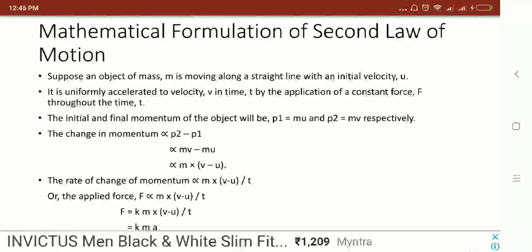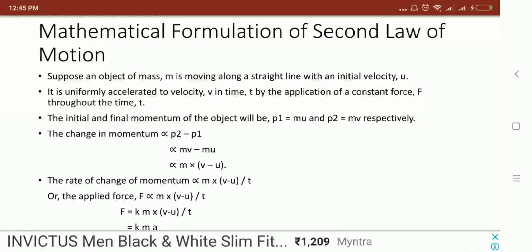So if to that particular object we are providing F amount of force, my object gets accelerated from its initial velocity u to the final velocity v for the time duration t. So we can say that initial momentum, for example P1, is m into u and the final momentum is defined as P2, that is m into v.